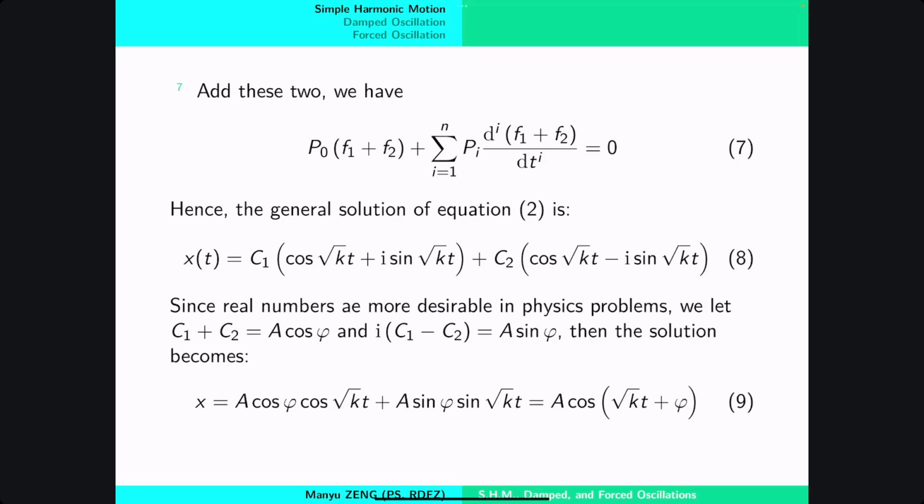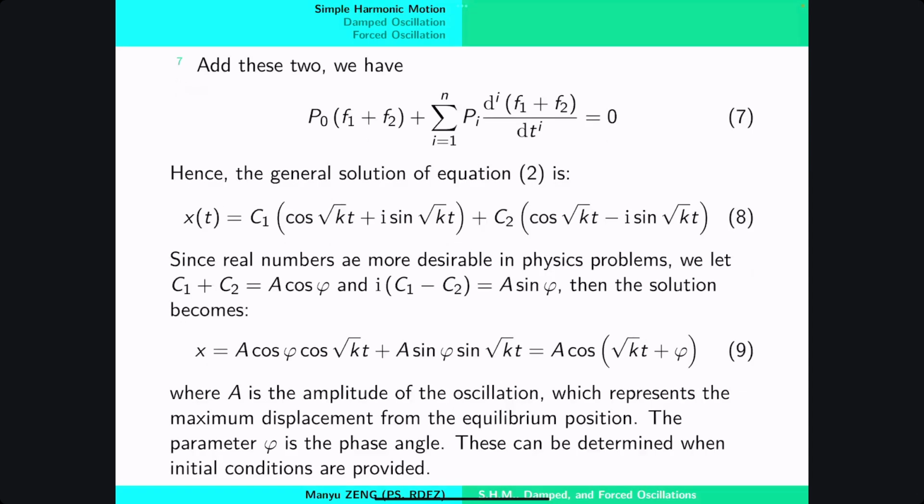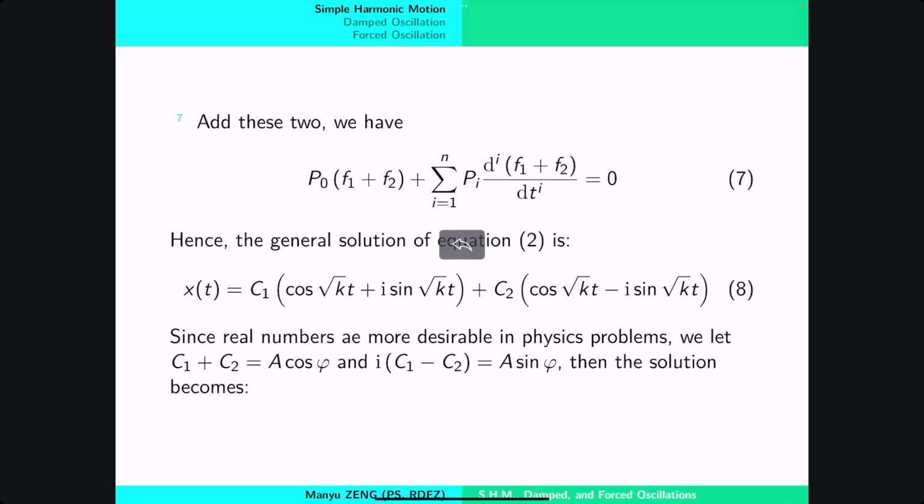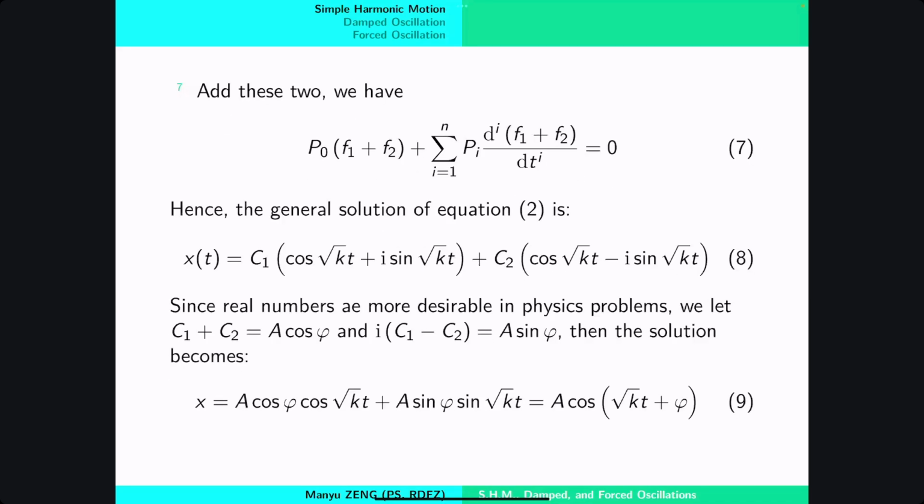But because phi is an arbitrary constant, because C1 and C2 are both arbitrary, you can just make phi the negative of phi, and this thing is true. So what do we do here? Actually, we just transfer the two arbitrary constants into two other arbitrary constants.